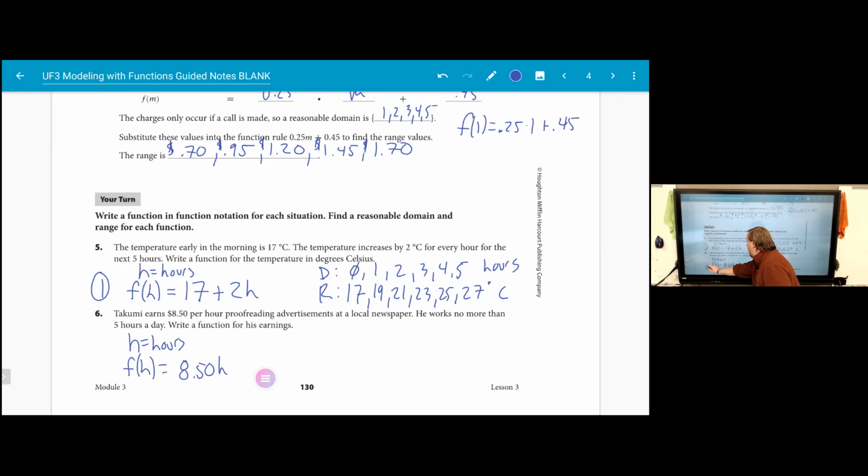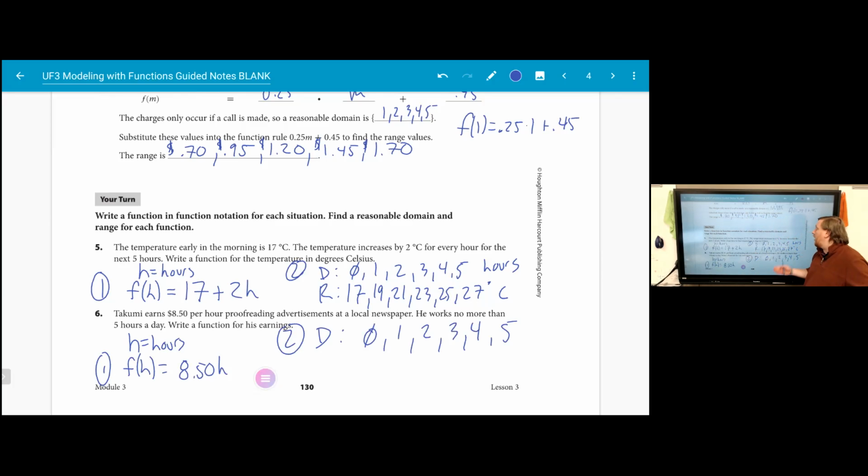That's my part one. My part two, my domain: he could work 0 hours. He could work 1, 2, 3, 4, or 5 because he's working no more than 5 hours. So my range in this case, let's plug the H values in. If he works 0 hours, you'll be shocked to hear this, he makes $0.